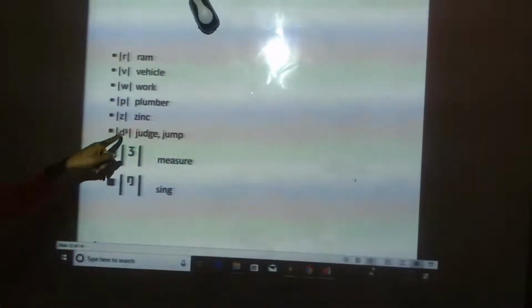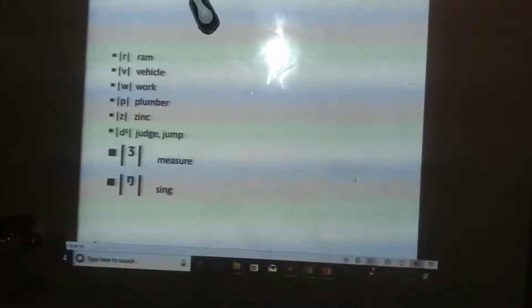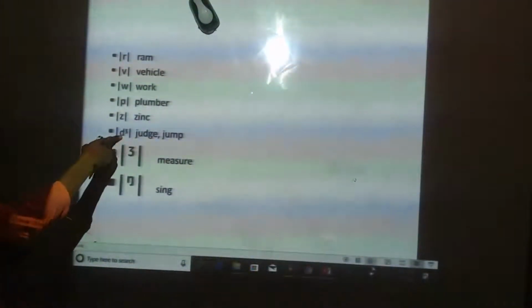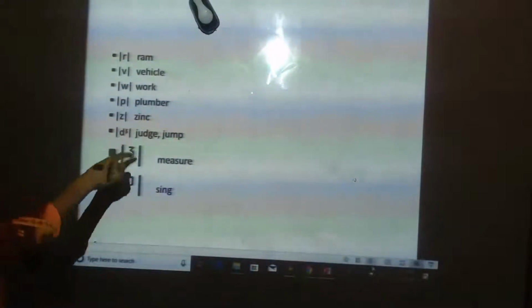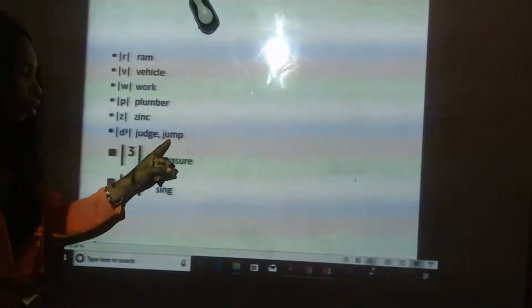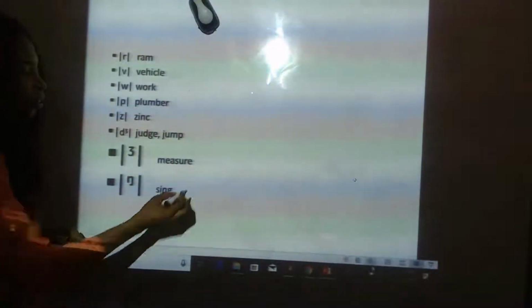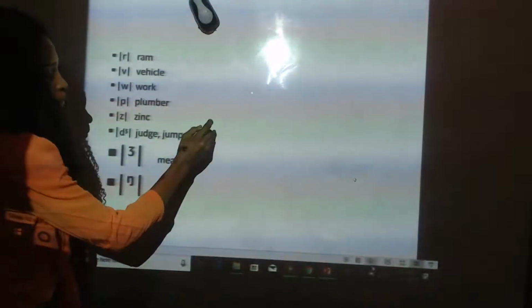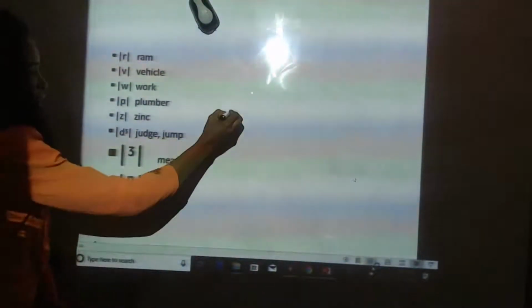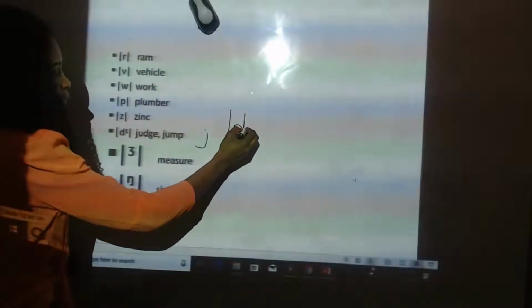Then the next one is dj. It's as if you're producing the sound d and j together, giving you dj. For example, George or John. So wherever you see a sound starting with the letter J, just know that it is giving you the sound dj.